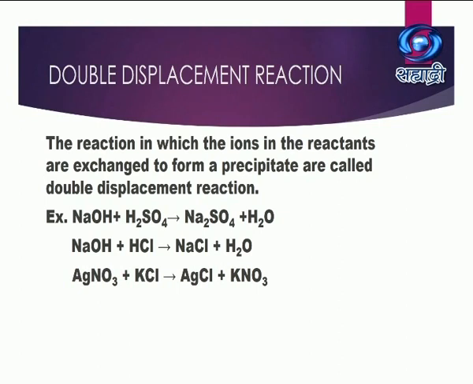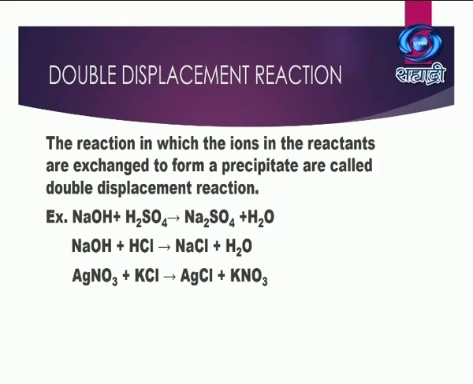Coming towards the next type of reaction, double displacement reaction. The reaction in which the ions in the reactants are exchanged to form a precipitate is called a double displacement reaction. For example, NaOH plus H2SO4 gives Na2SO4, that is sodium sulfate, plus H2O, that is water molecule.